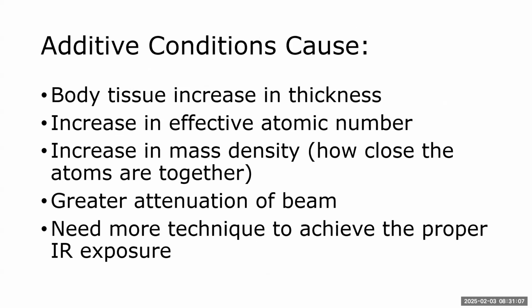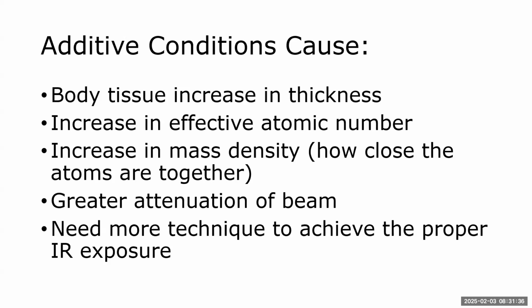When it says that additive conditions cause greater attenuation of the beam, what does that mean? What does greater attenuation of the beam mean? Because of what? Absorption or scattering. Yes, exactly what she said.